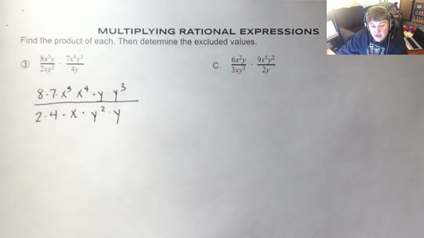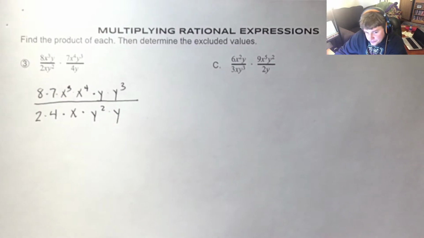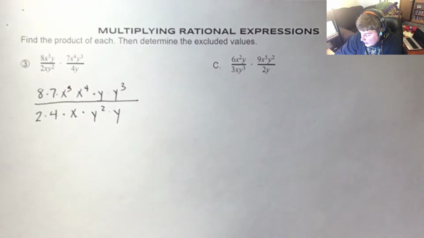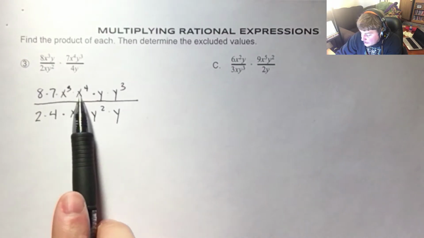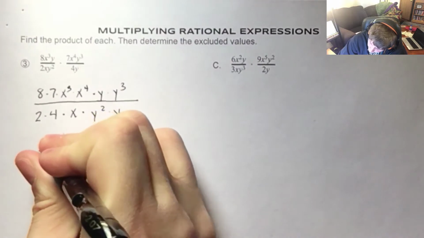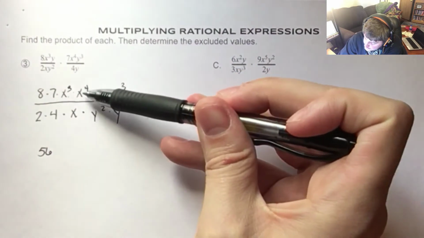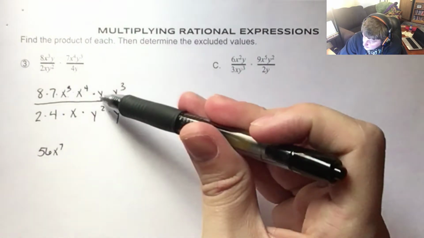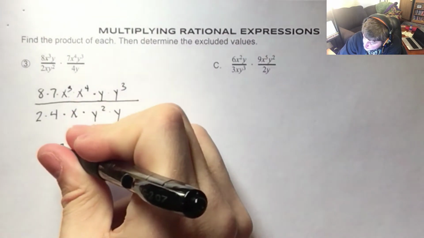Now we need to know our exponent rules. For example, when I am multiplying together, I add the exponents. So 8 times 7 is 56. X to the third times x to the fourth is x to the seventh. And y times y to the third is y to the fourth.